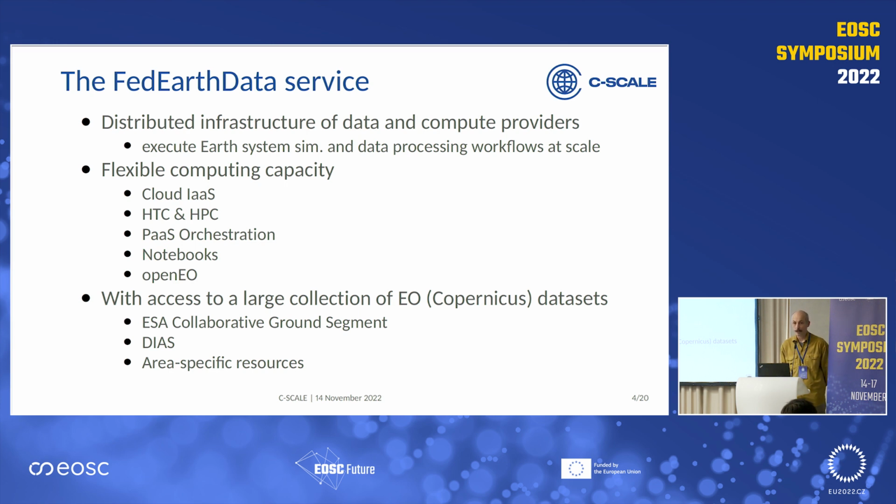Even though we are not trying to limit it to Sentinels, they are certainly the most popular ones, the ones most sought after, and also overwhelmingly those that are provided across the Federation.